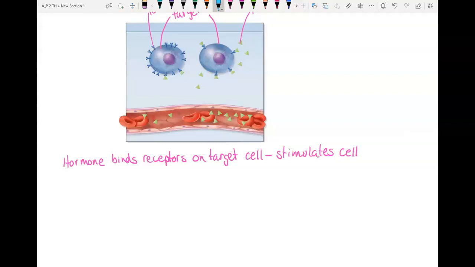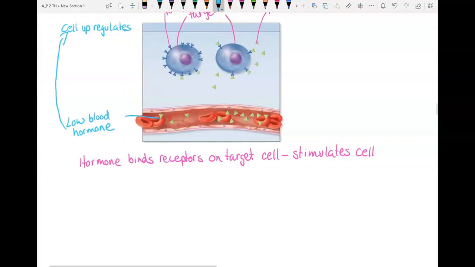So on the left here, we have a low hormone level. When blood hormone level is low, that will cause the cell to upregulate. So it's the low hormone level that causes the upregulation. This means that the cell will have lots of receptors.